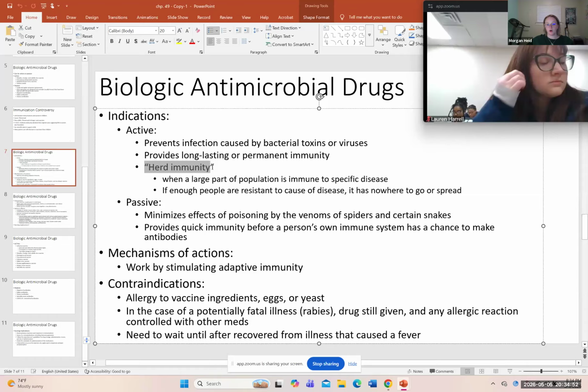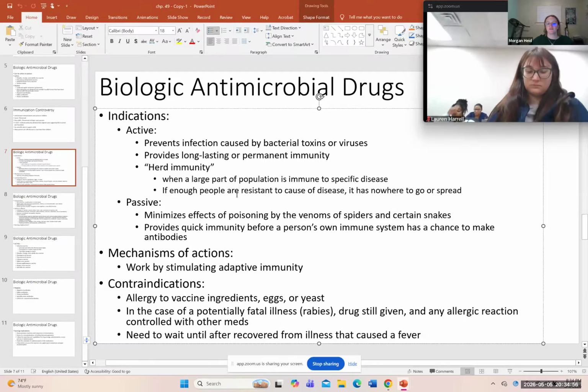They said everybody should get a COVID vaccine so that even if you weren't at risk, you would be protecting someone that was at risk. Immunosuppressed populations are more at risk for getting diseases, so they can't really get a lot of vaccines. By getting the vaccination, you have a lower likelihood of getting the disease, and so a lower likelihood of spreading it to the person that is immunosuppressed. Does that make sense?